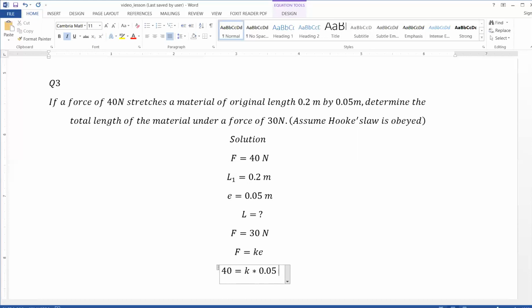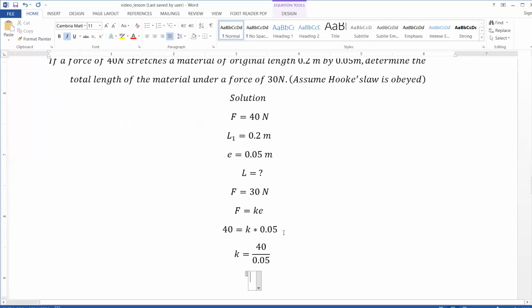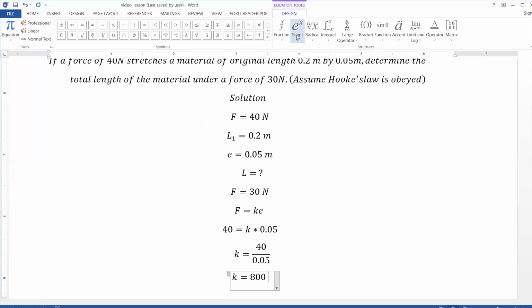So from this, we can calculate our K as 40 divided by 0.05, to be 800. We'll put our unit of K, which is Newton per meter. So this is our K.